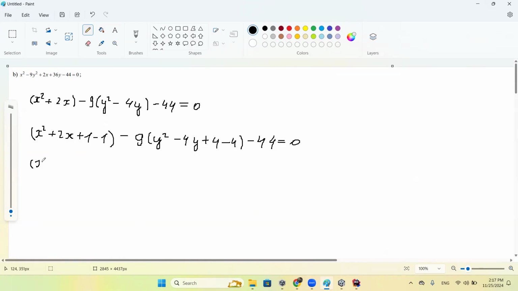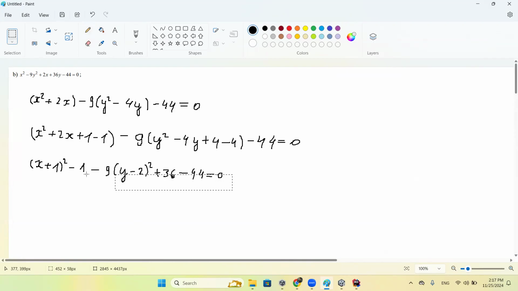So (x plus 1) in power of 2 minus 1, then minus 9 times (y minus 2) in power of 2 plus 36, minus 44 equals 0.